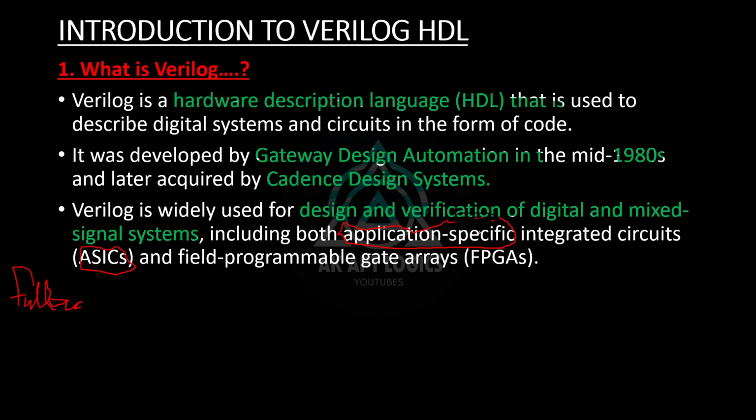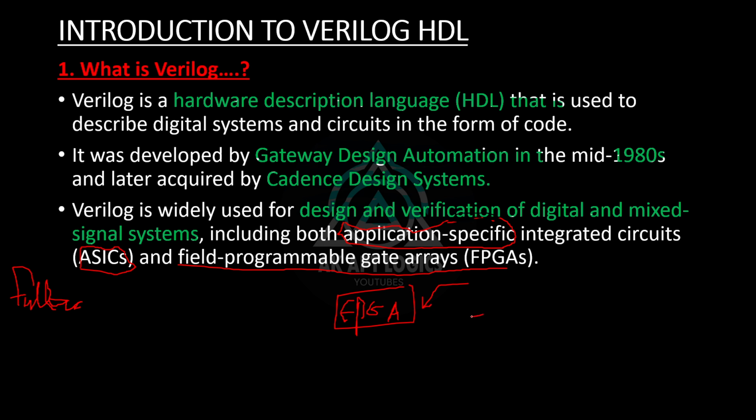Next, field programmable gate arrays, which means we can reprogram those codes. Suppose we have an FPGA chip. It means we can dump our required code into it and test.